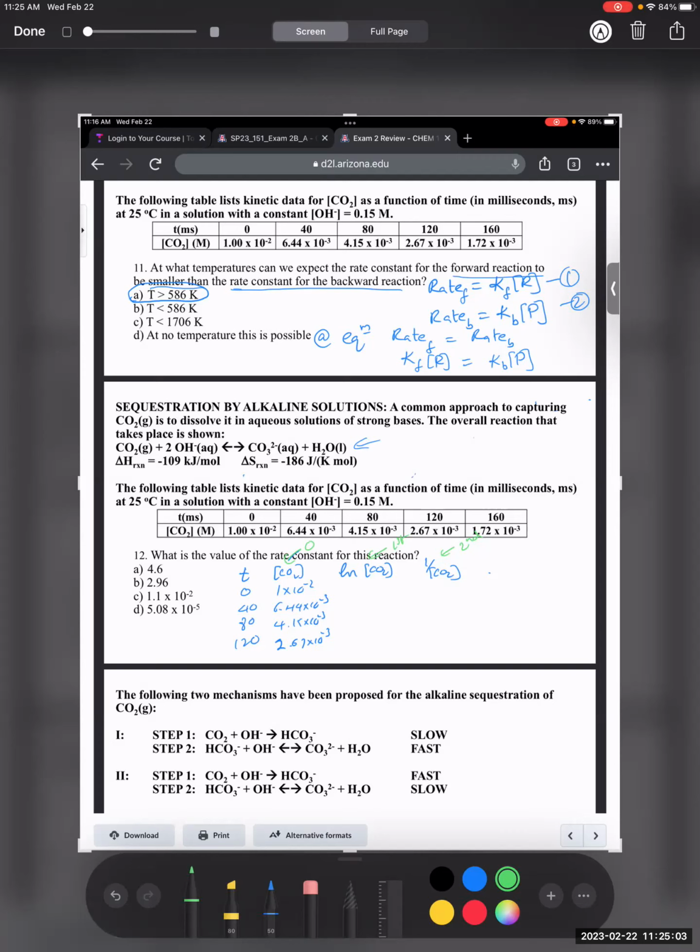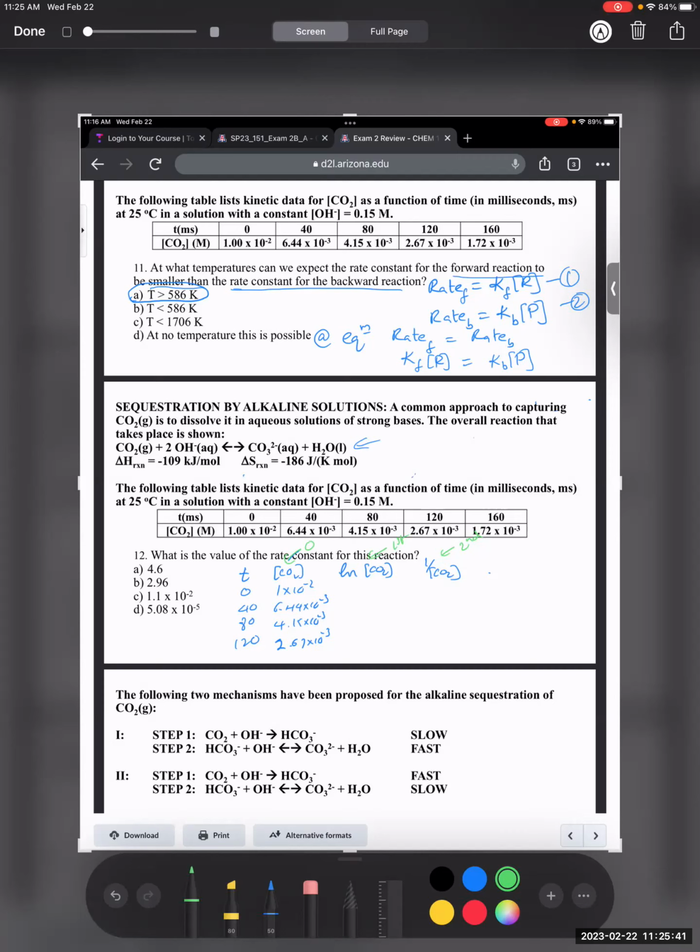And then I have 6.44 times 10 to the power of minus 3 for 40. And for 80, I have 4.15 times 10 to the power of minus 3. And then for 120, I have 2.67 times 10 to the power of minus 3.